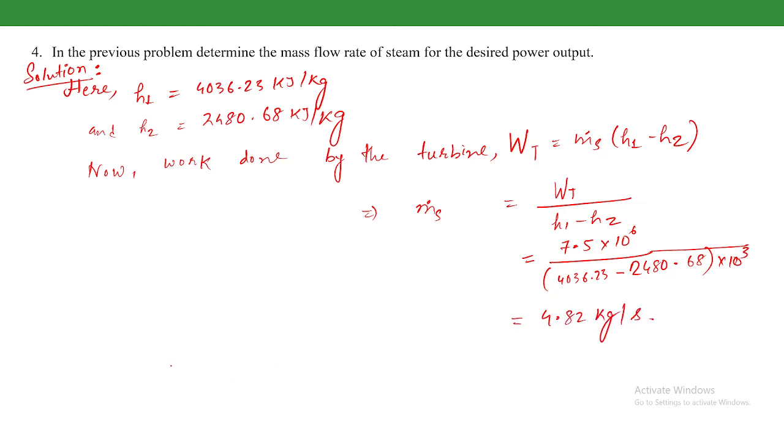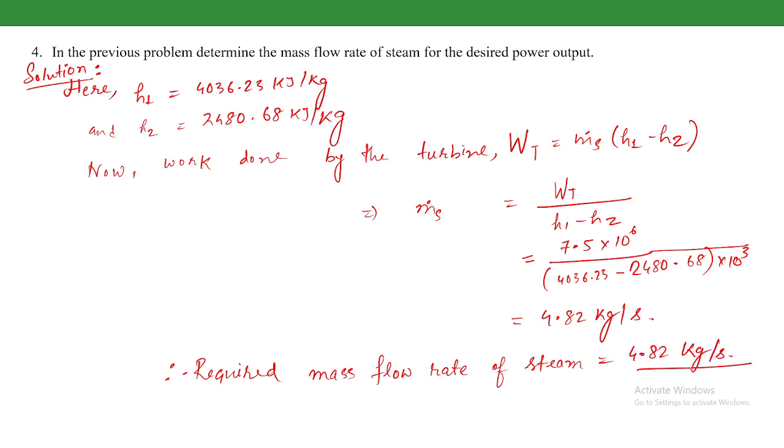Therefore, the required mass flow rate of the steam is 4.82 kg per second. Okay, so this is the answer.